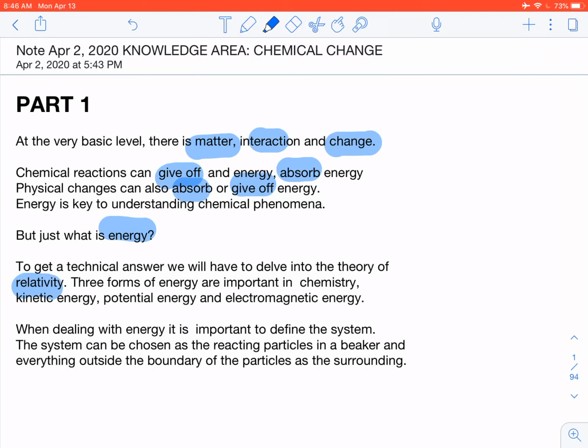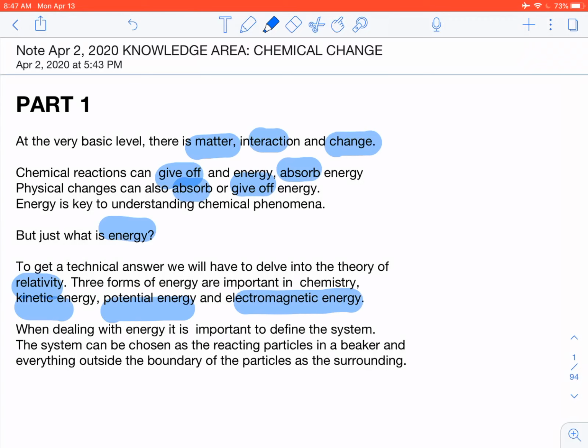But for our purposes, let's look at energy, and there are essentially three forms. We have kinetic energy, we have potential energy, and we have electromagnetic energy when we're dealing with chemical reactions.